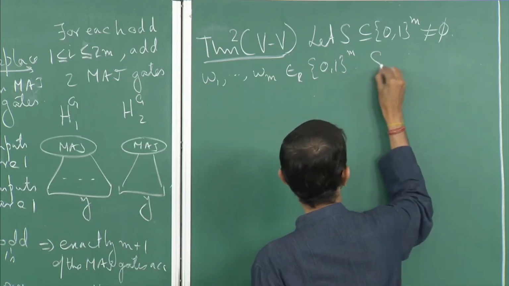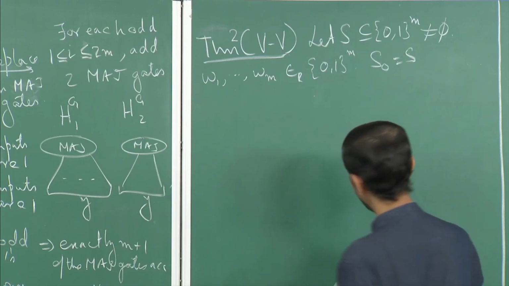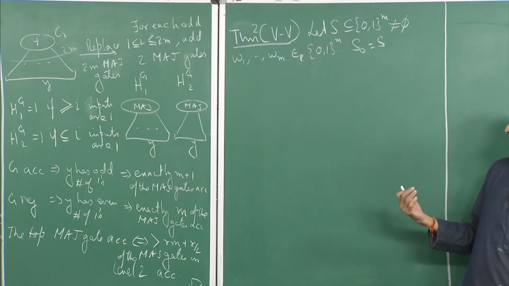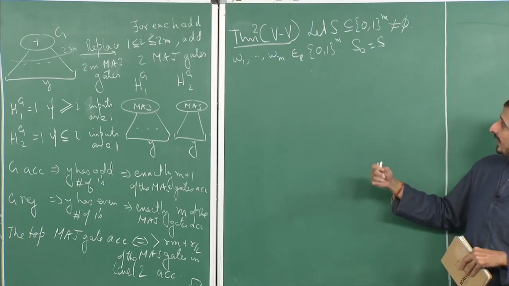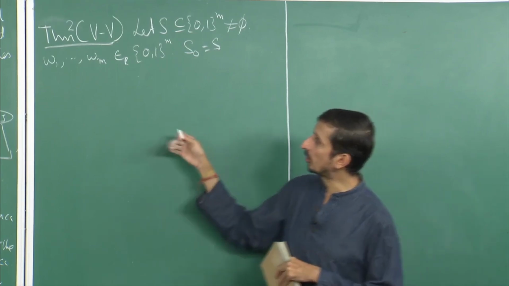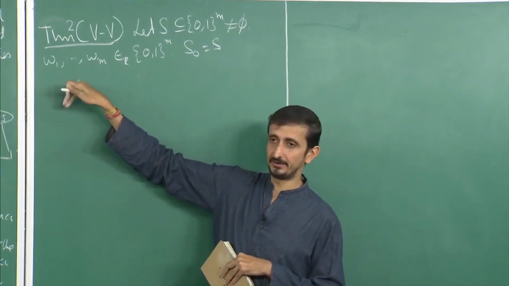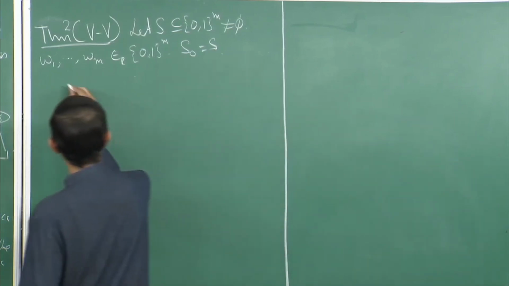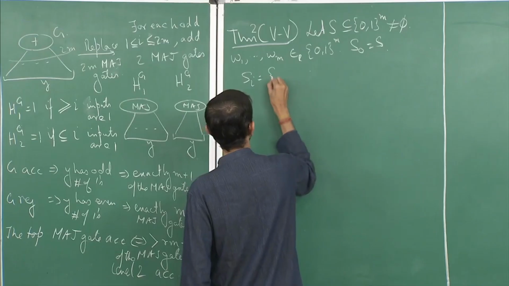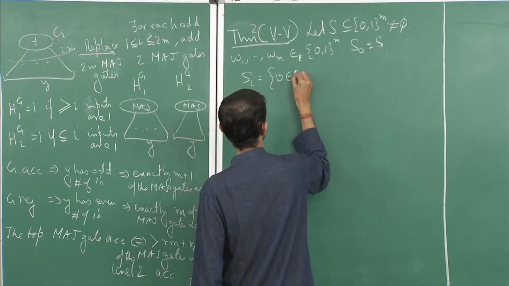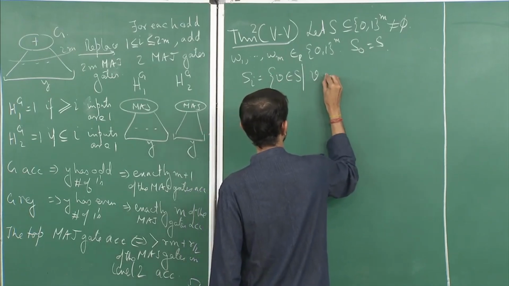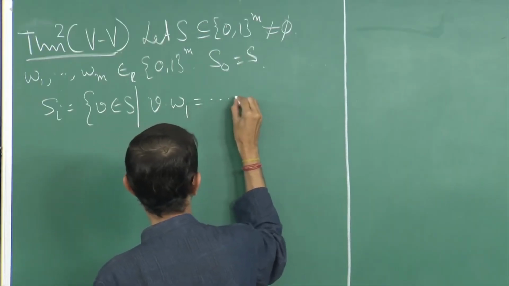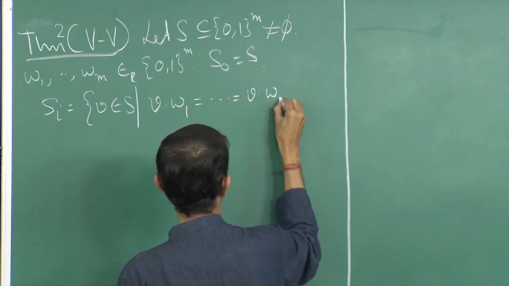We define the first set to be our initial set, and we construct this sequence of sets. So how do we construct this sequence? Each time we look at the space that is orthogonal to the current vector, and we keep on reducing the size of S. That is, Si is equal to all vectors V in S such that V is orthogonal to W1, up to V is orthogonal to Wi.